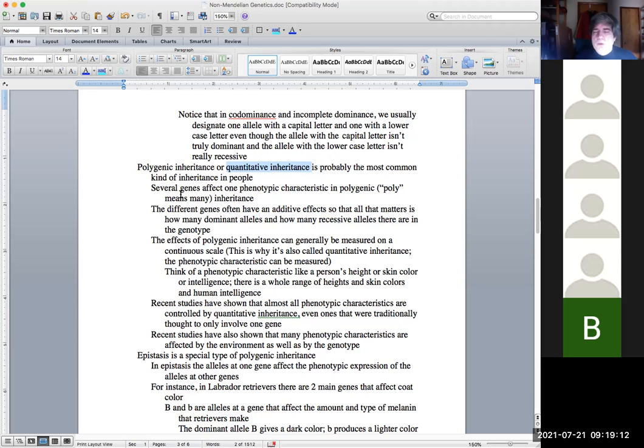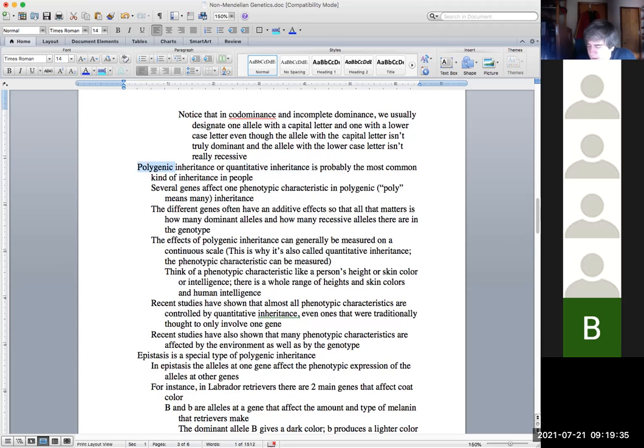So when we have polygenic inheritance, we have a lot of genes. Now, typically a lot means more than one, but we have multiple genes that affect the inheritance of one part of the phenotype. So as I say, height is a good example of a polygenic characteristic.